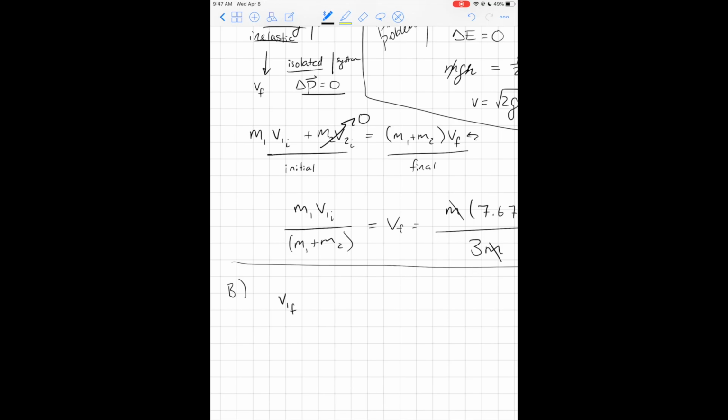V1F is equal to M1 minus M2 over M1 plus M2 times V1I. And then we also have V2F is equal to twice M1 over the sum M1 plus M2 times V1I.